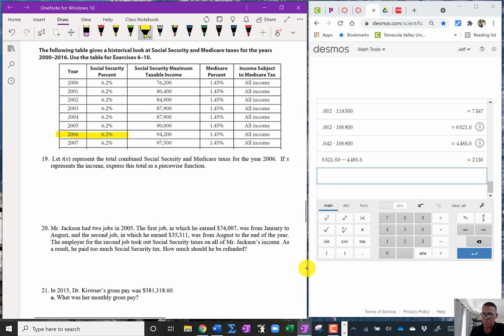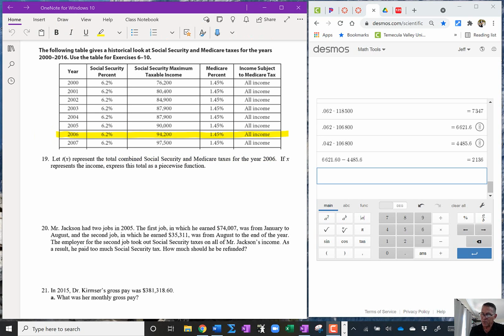So let's break this up into parts. Okay, so total combined. Notice that the maximum taxable income in that year is $94,200. So this is our max taxable income. So something happens when you're less than or equal to that, and then something happens when you're greater than that. So let's talk about the first part.